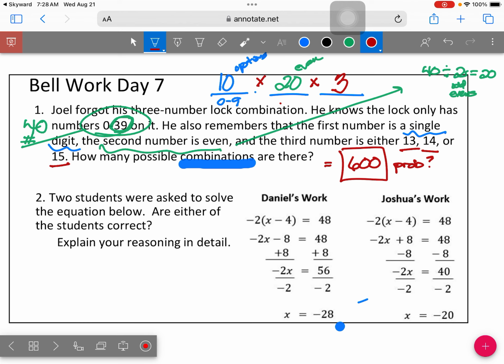So compound probability is where you multiply the independent events together at the same time.